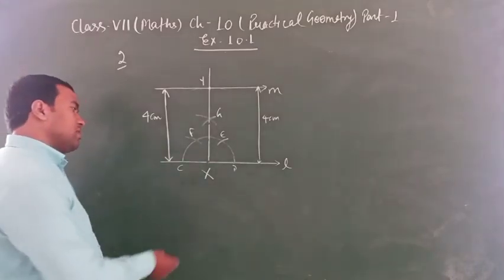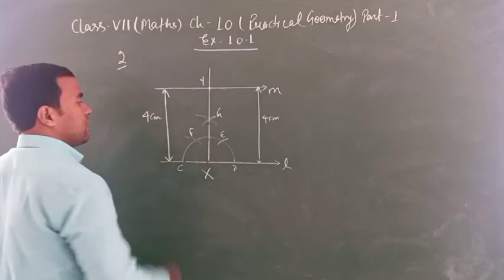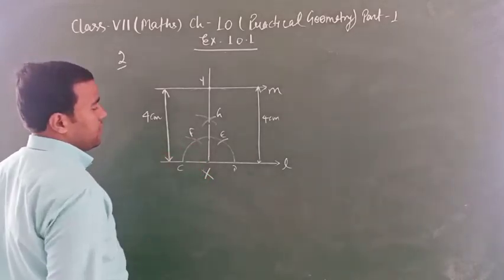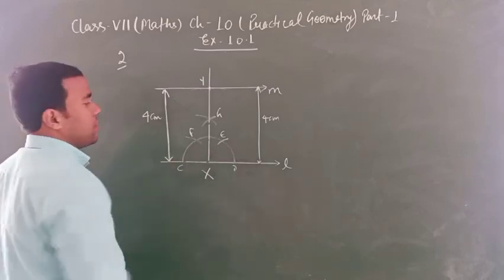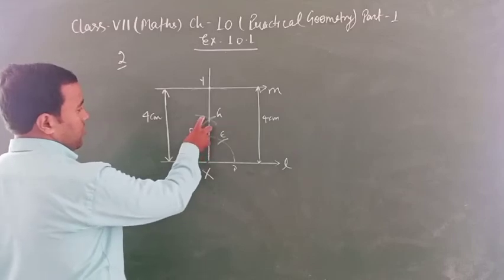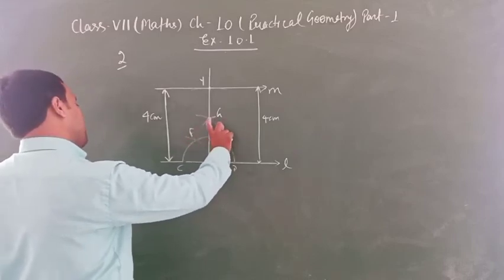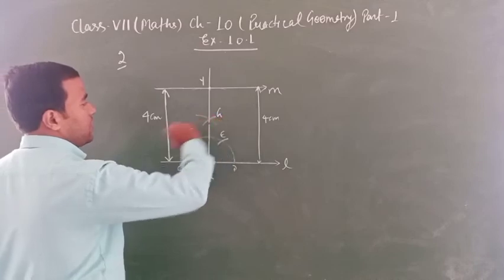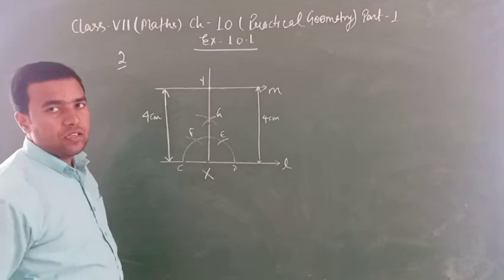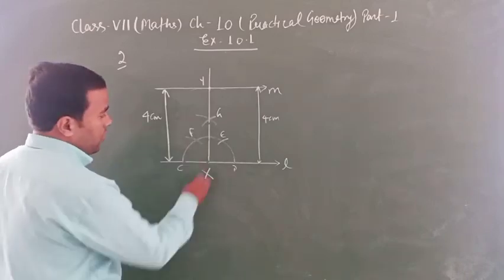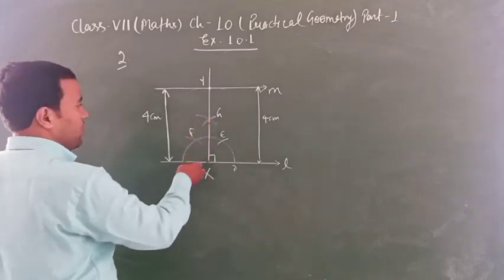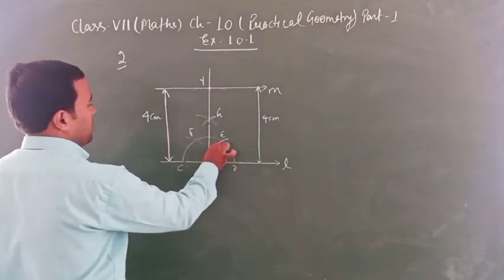With the same radius from C, one cut on CD at F, and from D at E. Clear? After that, from F one cut on G, and with the same radius one cut from E on G. Clear? Then join the XG. Clear? So it is a perpendicular line because it is 90 degree. Clear? This angle we have made, it is a 90 degree angle.